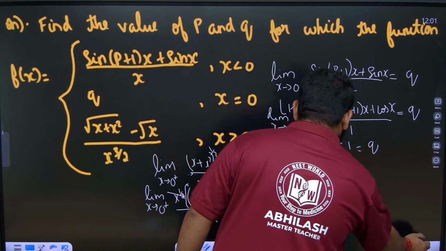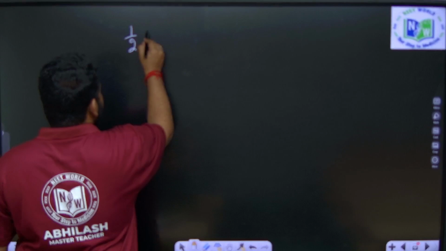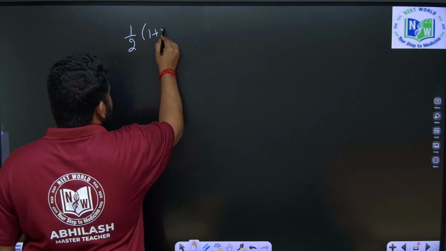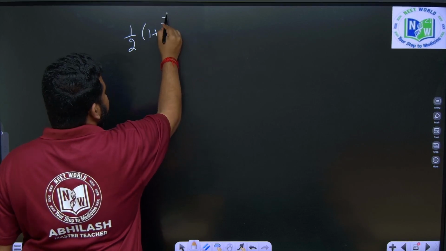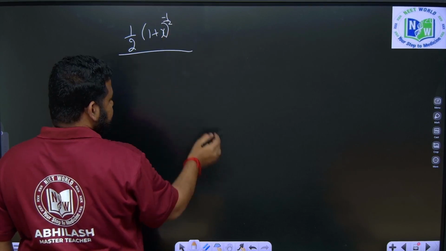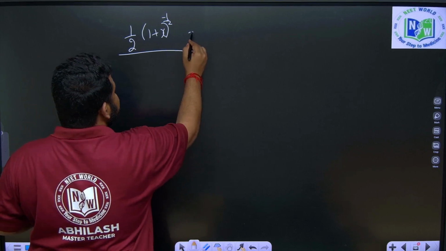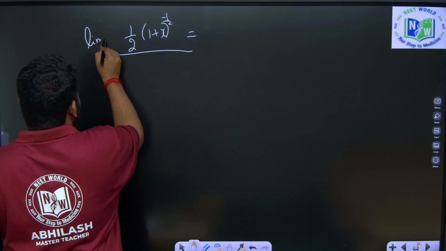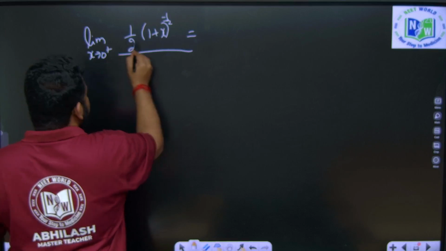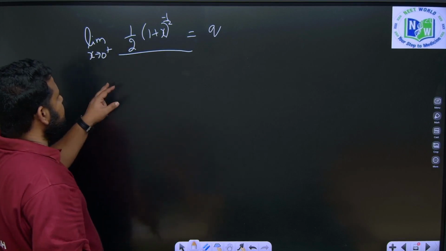If I apply L'Hospital's rule, let us go to the next page. I will get 1 by 2 into (1 plus x) to the power of 1 by 2 minus 1, which is minus half, divided by the derivative of x, which is nothing but 1. So this entire thing, limit as x tends to 0 plus, is equal to q.